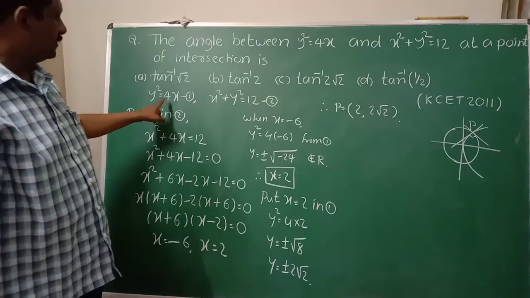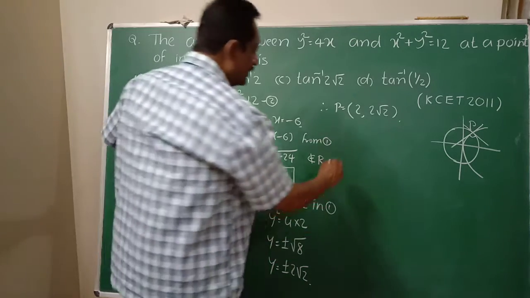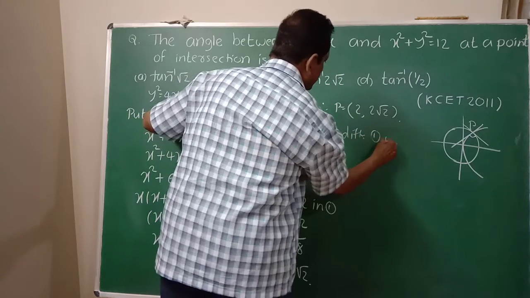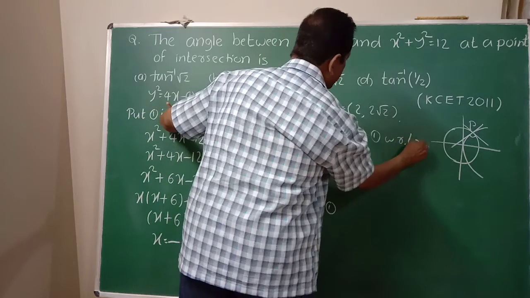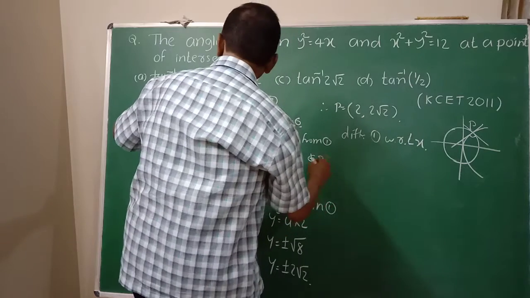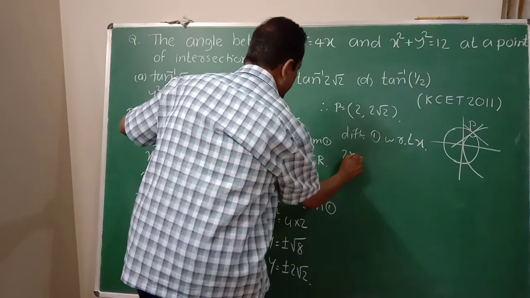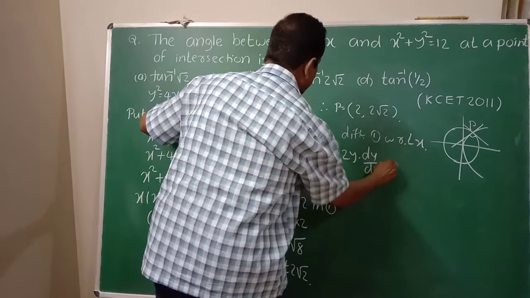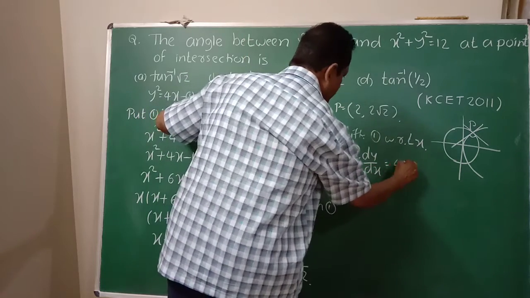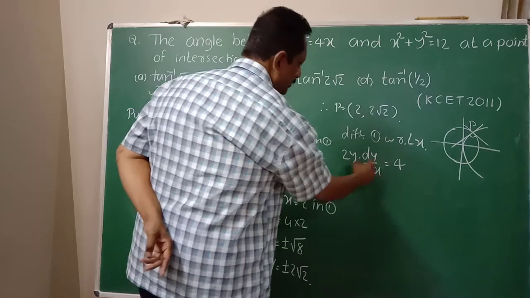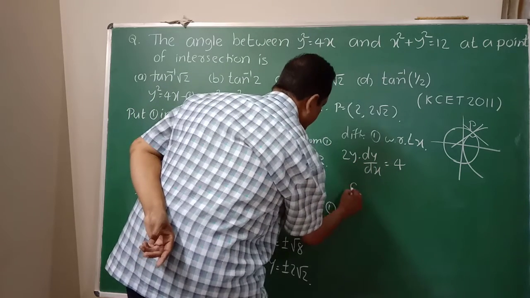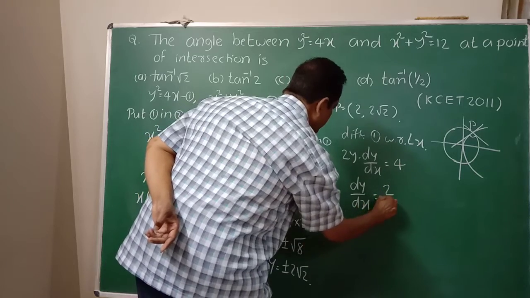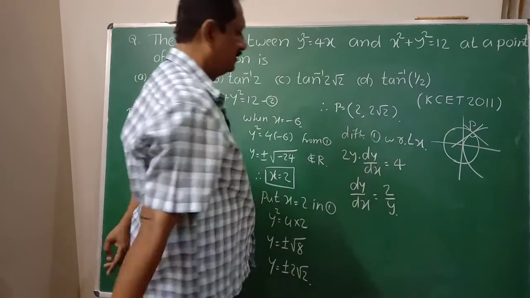Now differentiating 1 here with respect to x here. So y square differentiation is 2y into dy upon dx is equal to 4x differentiation is 4 here. 2 and 2 are cancelled. Take y to the right hand side here. Hence dy upon dx is equal to 2 divided by y.